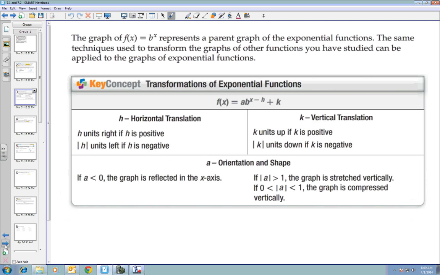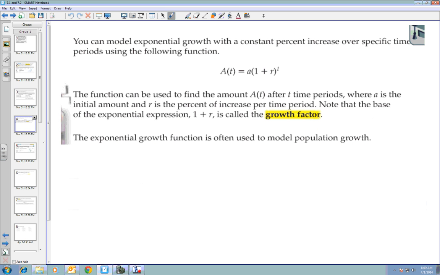We also have translations of our exponential functions, and I'm going to show what that looks like here in just a minute. And we have what's called a growth factor. So on your paper, you need to either circle or highlight or do something, because this is the equation we're going to use.